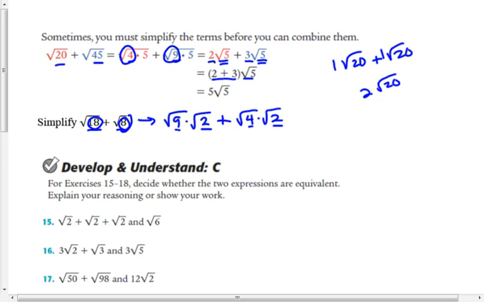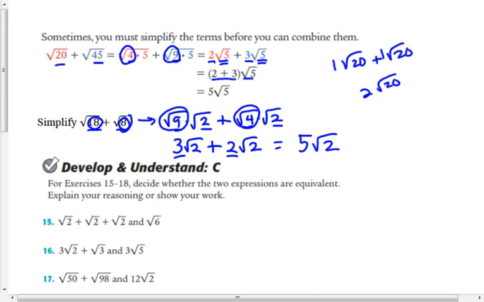And now I'm going to simplify that. The square root of 9, I'm going to just write that as 3 times the square root of 2. The square root of 4 is 2 times the square root of 2. And now I have like radical terms, so I'm just going to combine the 3 plus 2 and make that 5 times the square root of 2.